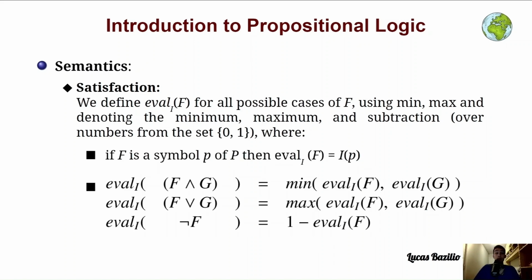First of all, if the formula F is basically a symbol p of the set of propositional symbols P, then of course the evaluation of this formula F in this interpretation I is going to be equal to the interpretation of this propositional symbol p. And this is something that is obvious, right?